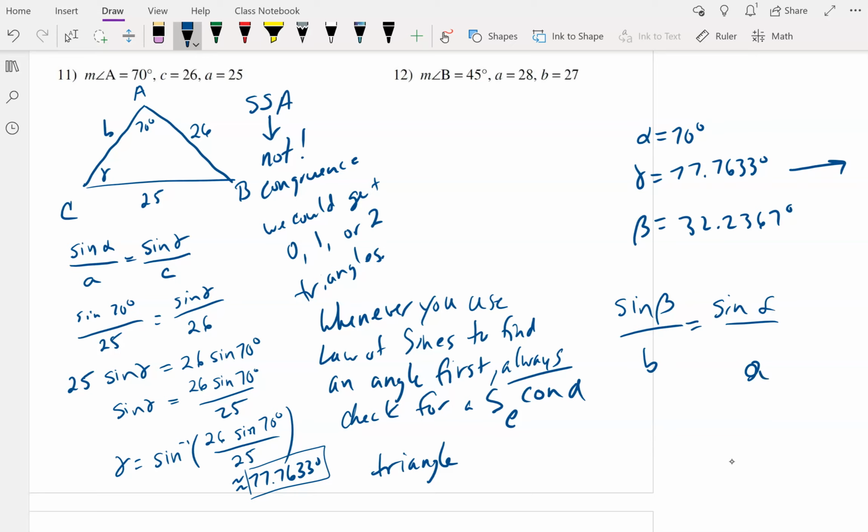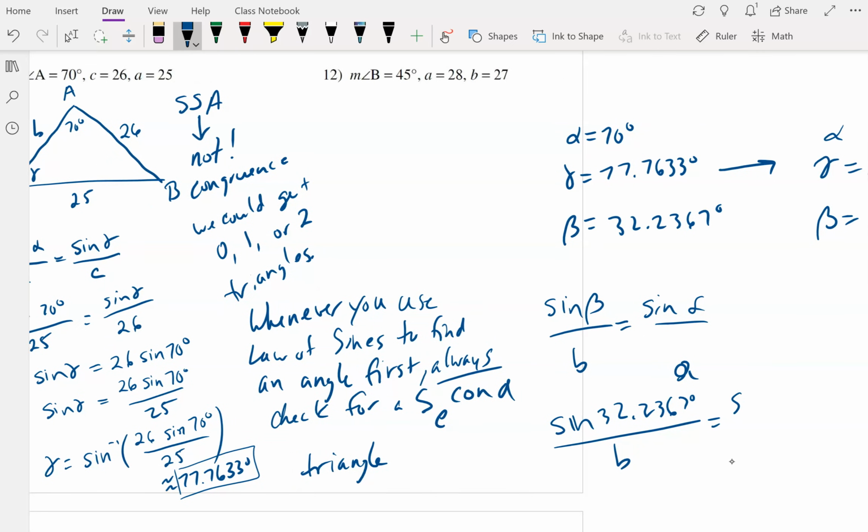Anyway, frustrating. So sine of 32.2367 degrees over B, I don't know B, is equal to sine of 70 degrees over 25.